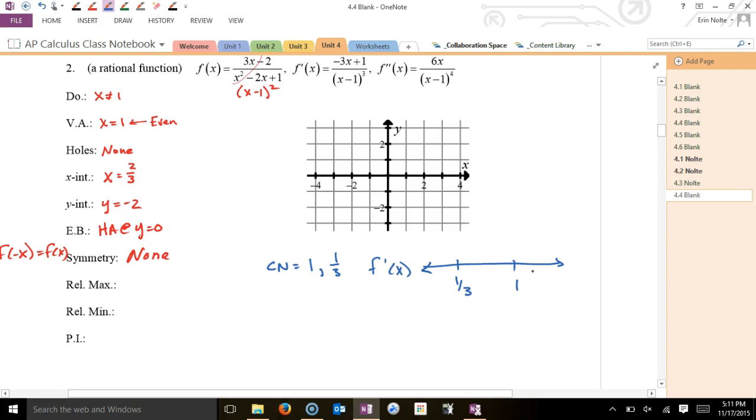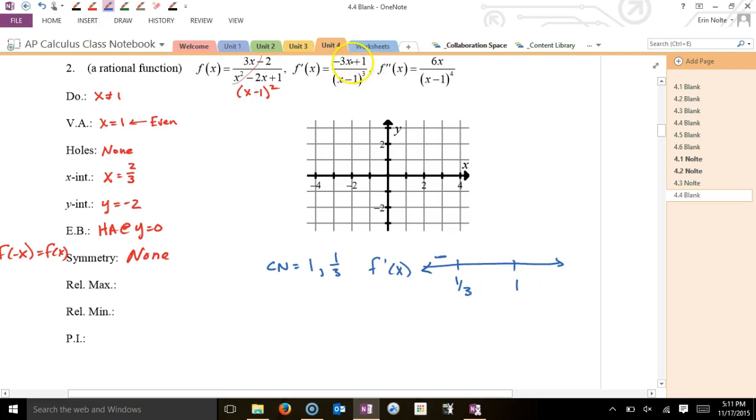So if I do my sign test, a value less than 1/3 is 0, so if I plug 0 into my derivative, I would get 1, a positive over a negative, right? So I get a negative on that interval. If I plug in a value between 1/3 and 1, how about 2/3?